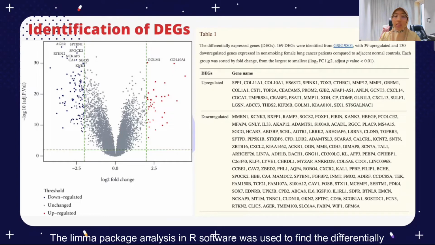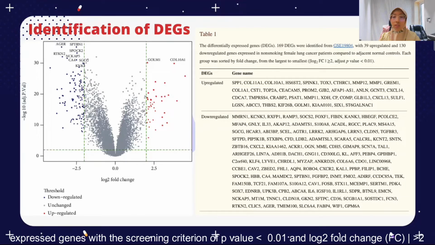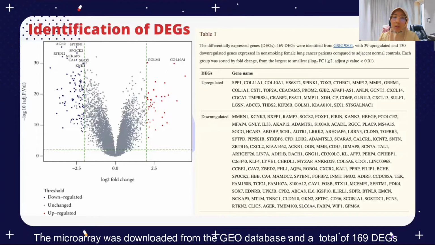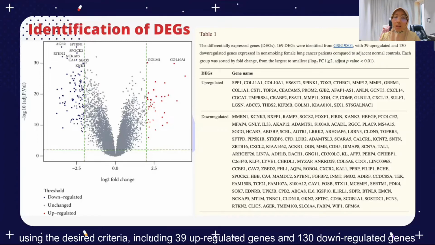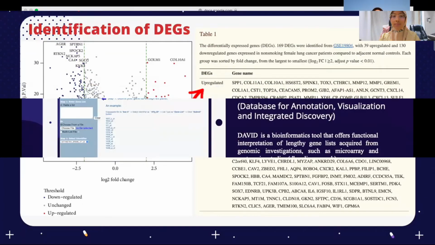The limma package analysis in R software was used to find the differentially expressed genes with the screening criterion of p-value smaller than 0.01 and log2 fold change larger than 2. The microarray was downloaded from the GEO database, and a total of 169 DEGs were chosen by assessing the gene expression microarrays using the desired criteria, including 39 upregulated genes and 130 downregulated genes.